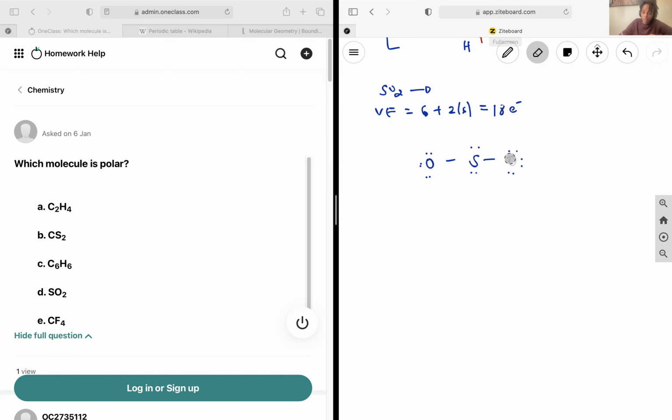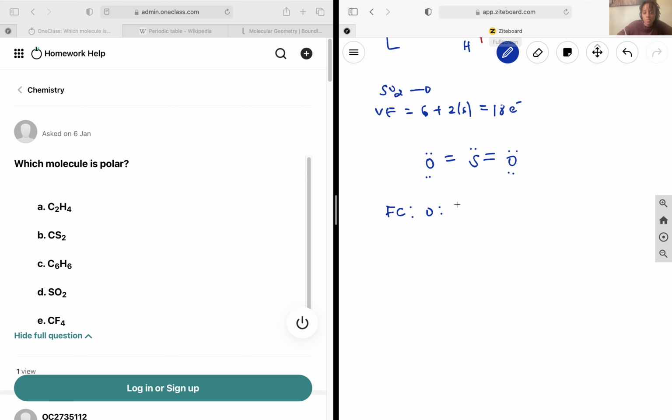And we also know oxygen likes to make 2 bonds. So let's just give both of them their 2 bonds, by creating a double bond here, double bond here. Okay, now let's see. 2, 4, 6, 8, 10, 12, 14, 16. And so we're going to have an extra 2 electrons left over for the sulfur. And so now let's see what the formal charges will look like.